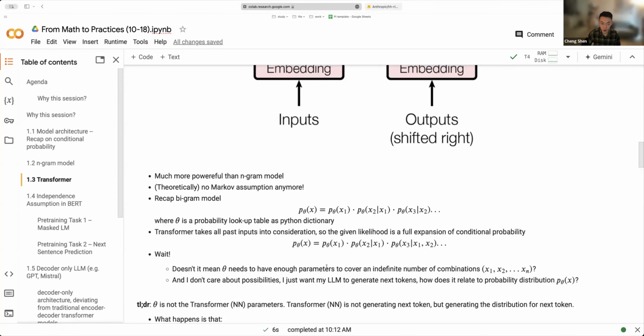One thing we can make a little more precise is the theta in this probability model.